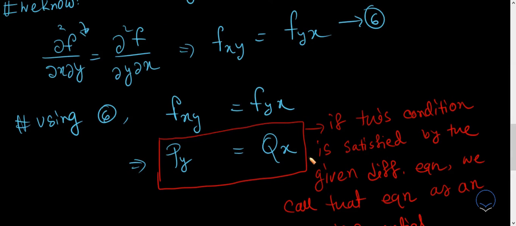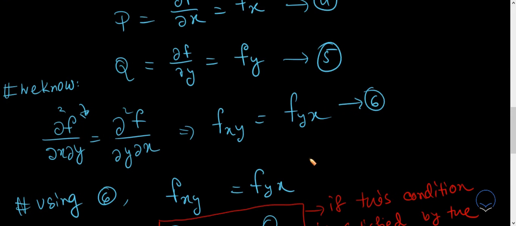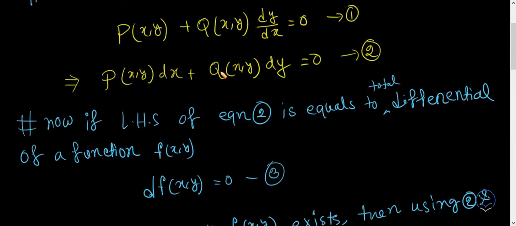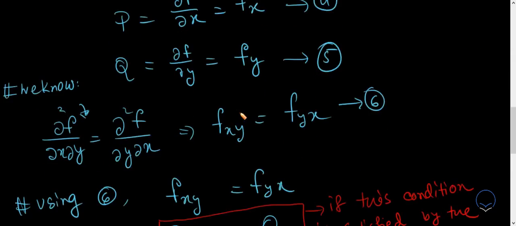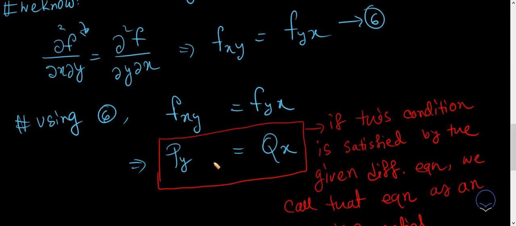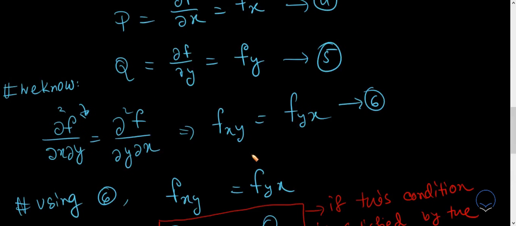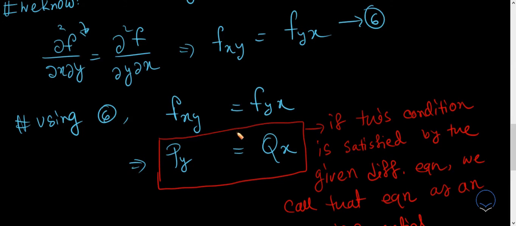And this will be all for the theory, because whenever you can identify your equation as an exact equation using all these informations over here, that is p subscript y equals to q subscript x, and that is the thing that will assure you that this is an exact equation.